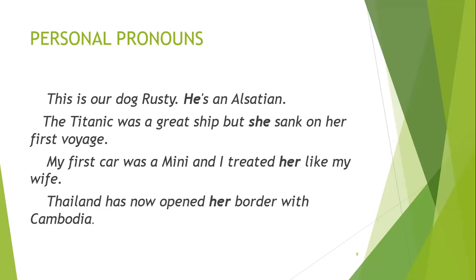Then you wonder why he's using he when the dog is not human. Then, the Titanic was a great ship, but she sank on her first voyage. So she, referring to Titanic, which is a ship, it's like a thing, it's not a human being. Thailand has now opened her border with Cambodia. So her is referring to Thailand and is being described as a female.